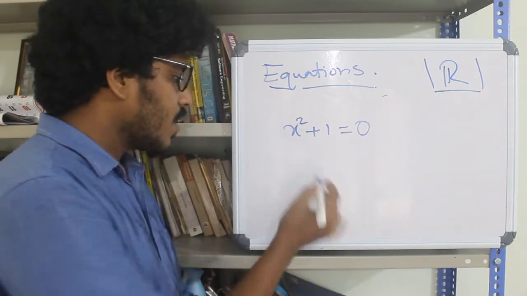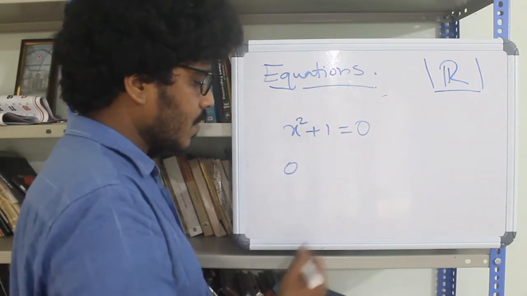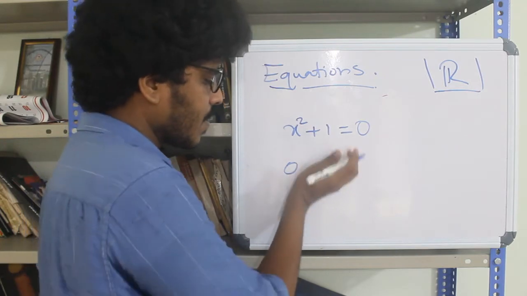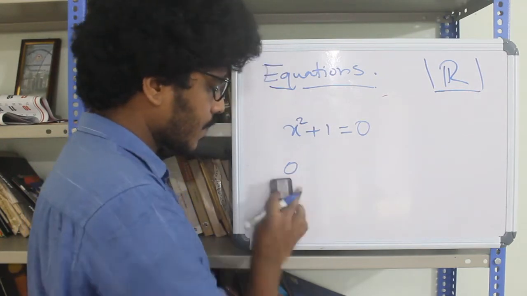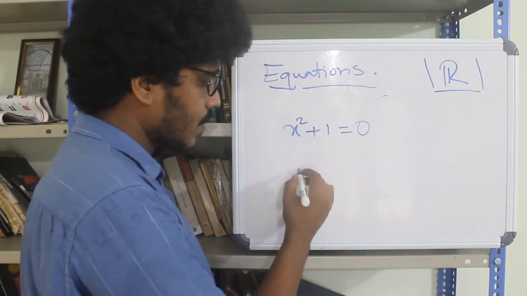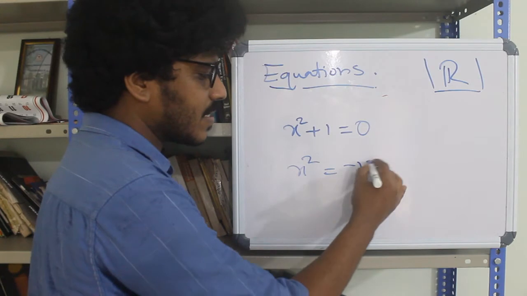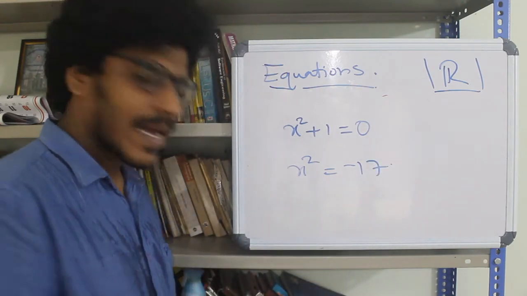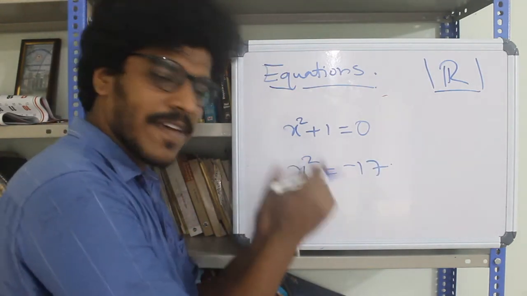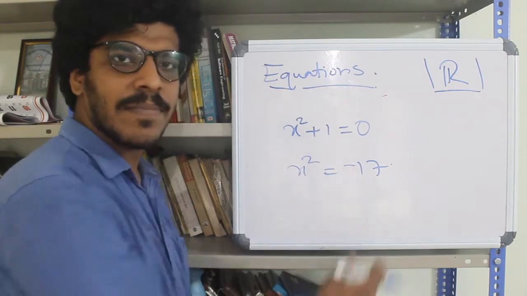Similarly, if we go to something simpler, say x square is equal to minus 17. Can the square of any real number be a negative number?